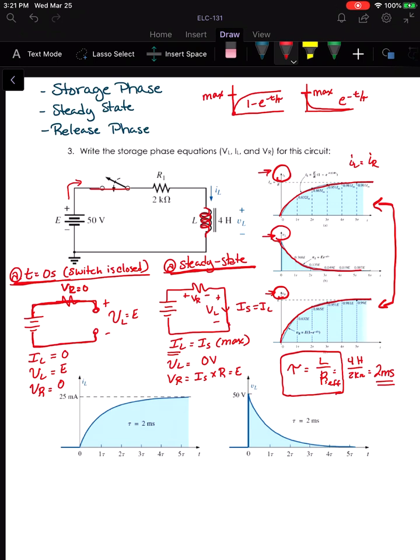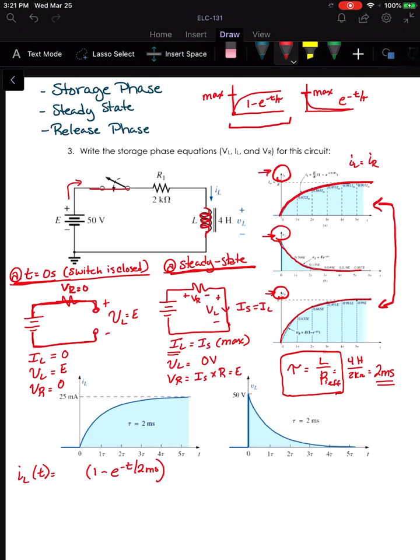Okay, so let's write our equations. So for I sub L as a function of time, remember the shape is the one that starts at 0 and goes to a maximum value. So that's going to be 1 minus e to the minus t over tau, which we just found was 2 milliseconds.